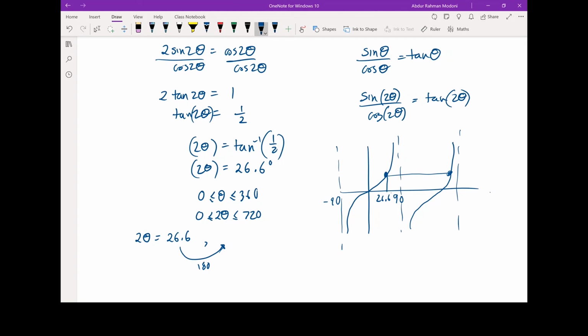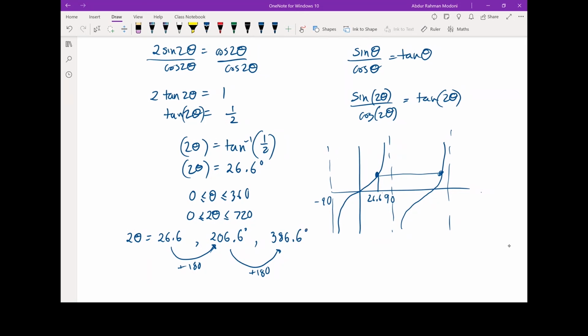So 180 plus 26.6 degrees gets me 206.6 degrees. I can then get to the next cycle by adding another 180, which gets me 386.6 degrees, which is still within my cycle, as we can see here.